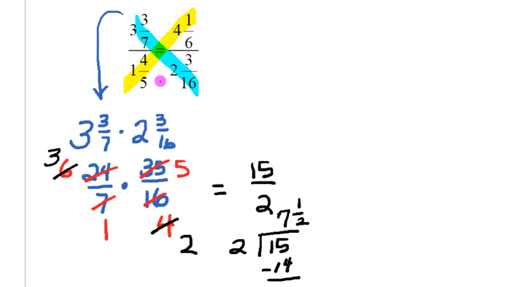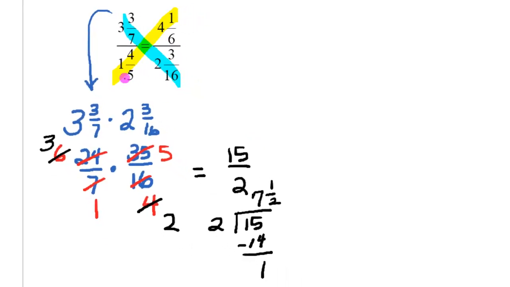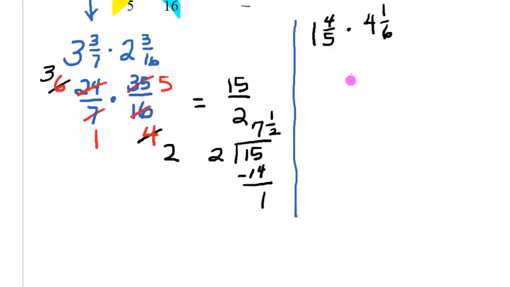We're going to check and see if our yellow cross product also gives us a 7.5. So I have a 1 and 4/5 times a 4 and 1/6. Okay, so this improper will be 5 times 1 is 5 plus 4, 9/5 times, and here we get 6 times 4 is 24, plus 1 is 25/6. And we can reduce, can't we?